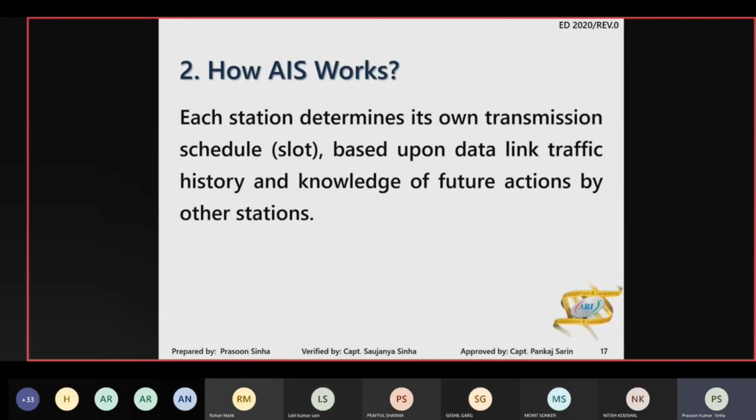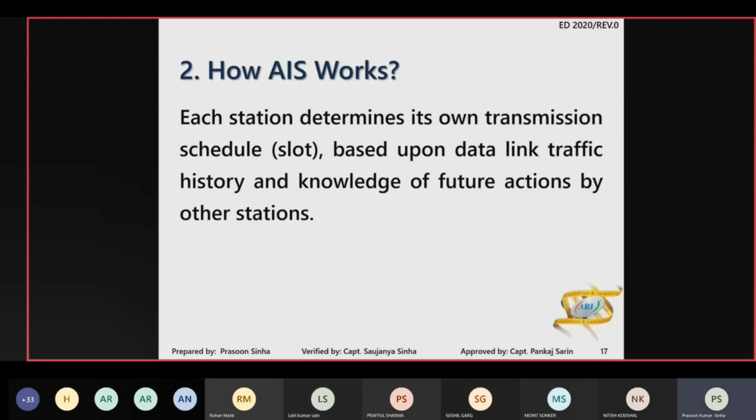This is SOTDMA के बारे में ही जो अभी हमने कहा था कि I decide when I want to transmit next. So that is SOTDMA. How I decide when I want to transmit? It depends on me and it depends on the surroundings. Knowing कि दूसरे क्या कर रहे हैं उसके बेसिस पे भी थोड़ा मुझको असर पड़ता है, और मैं क्या कर रहा हूं उसके ऊपर भी असर पड़ता है.